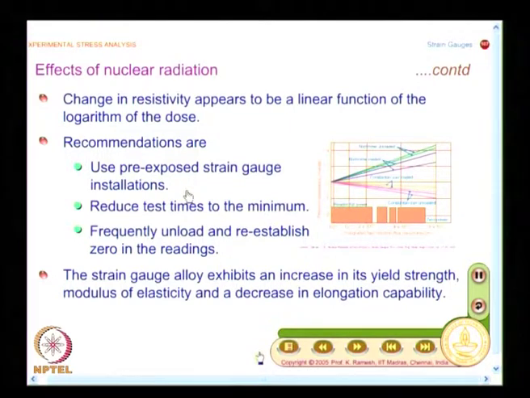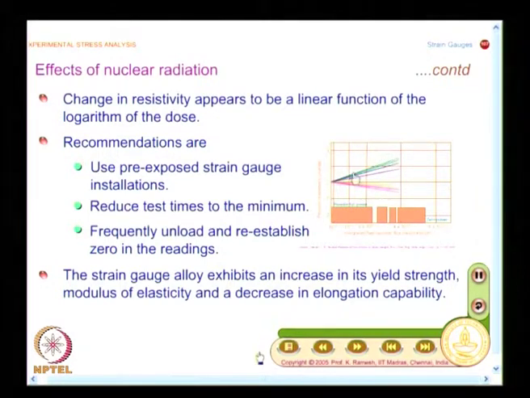And the other recommendation is reduce test times to the minimum. So, quickly go and make the measurement, because I am going to have a drift. Another recommendation is frequently unload and re-establish 0 in the readings, and this is because you find that change in resistivity appears to be a linear function.